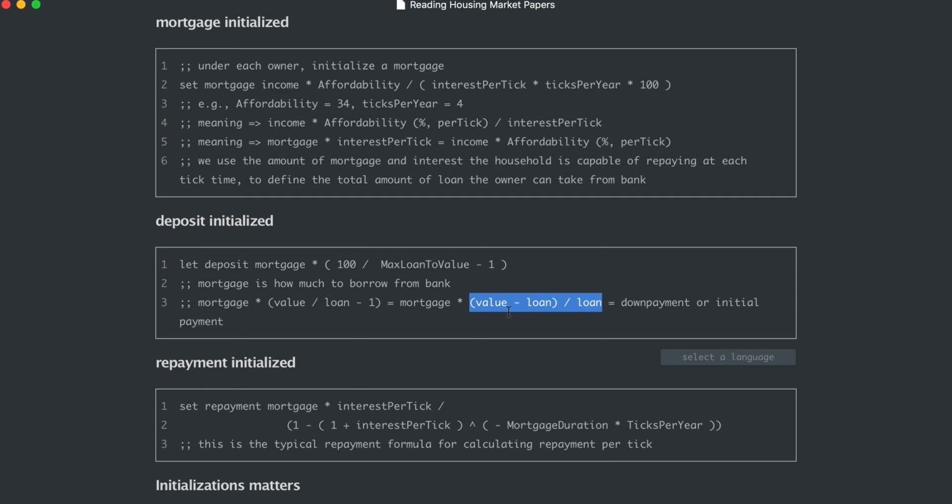So this is the money we need to buy the house. This is the money we borrowed from the bank. So the difference is the rest of the money which the buyer has to pay himself. But how much is that? We may not really know.